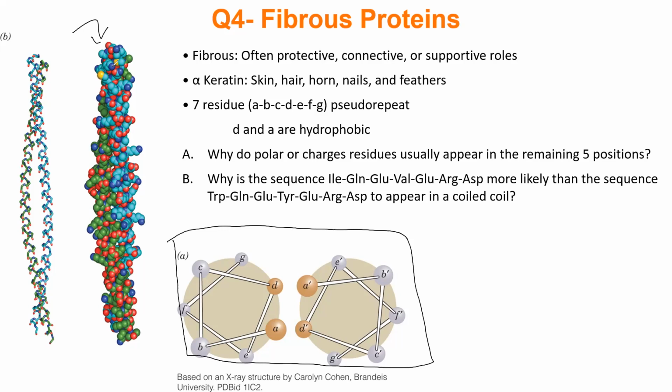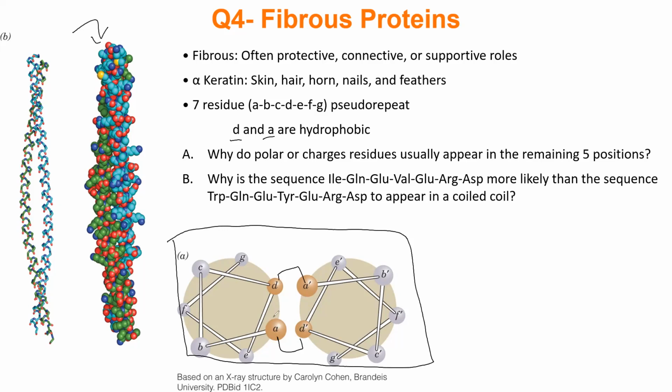You can see they're just winding around each other. The reason they wind around each other is because positions D and A are always hydrophobic amino acids, so they come together because of the hydrophobic effect. Everywhere they touch, these 2 proteins are interacting because of these hydrophobic amino acids.